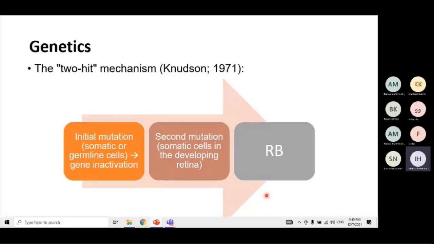So we need to have inactivation of both alleles of the tumor suppressor gene. The first hit may hit either the whole germline, so all the cells coming from the germline cell, or one of the somatic cells. If one of the cells that had a first hit has a second hit of the second allele of the tumor suppressor gene, the patient will develop retinoblastoma.